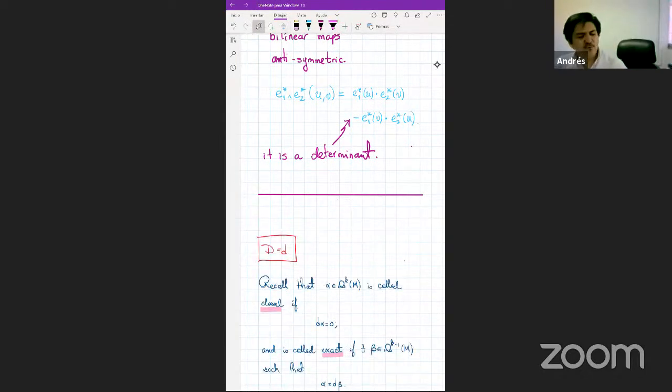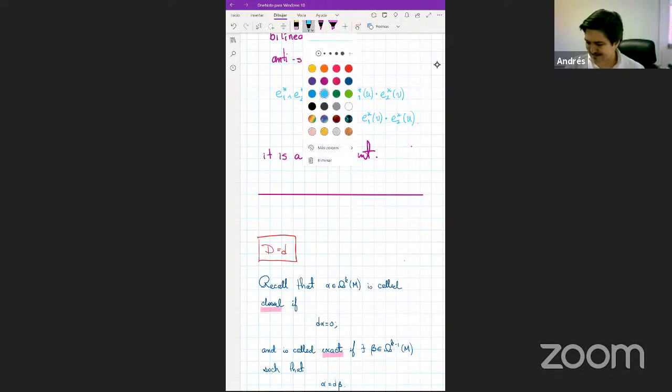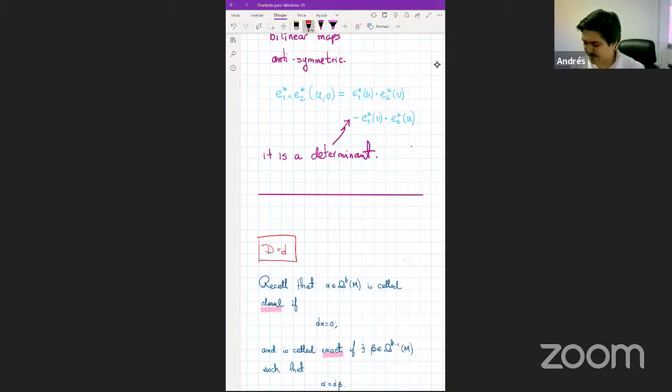So the d, we will usually write it small d, and sometimes, usually we just write it d, but keep in mind that it depends on the manifold.